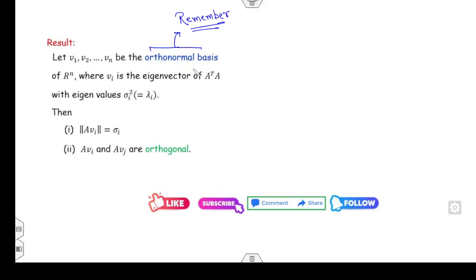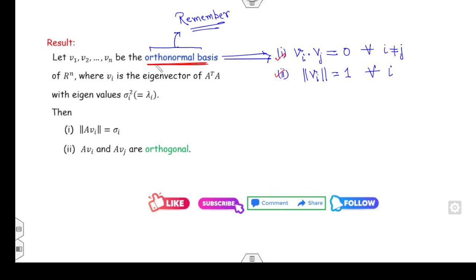If I quickly recall, what is an orthonormal basis? Orthonormal basis means Vi dot Vj is 0 for all i not equal to j. This is the first property. And the second property is the norm of Vi is 1 for all i. Once these two properties are satisfied, we call it an orthonormal basis.